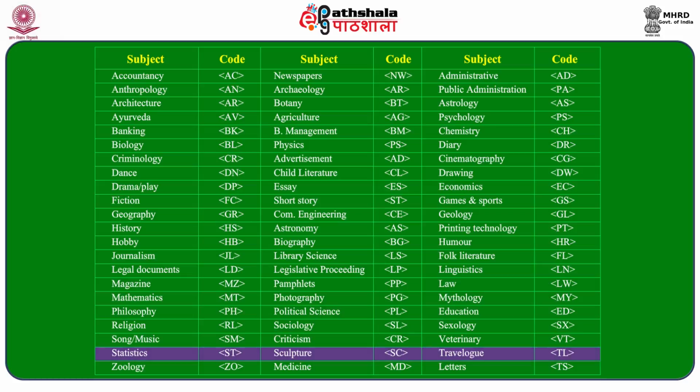You can find around 80 plus different subjects which have a unique code for each subject category so that they can be aligned to the particular kind of text category.